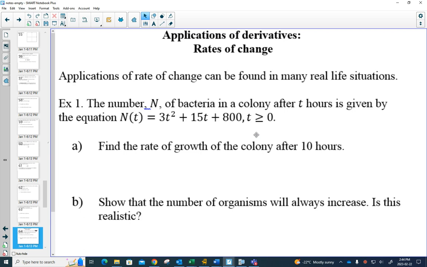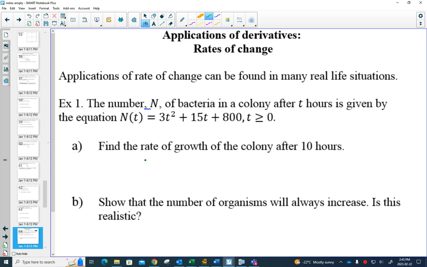So here we've got bacteria in a colony after t hours. We've got its equation. If we want to find its growth rate, how fast is it changing after 10 hours? In other words, how many bacteria per hour are happening at that moment?